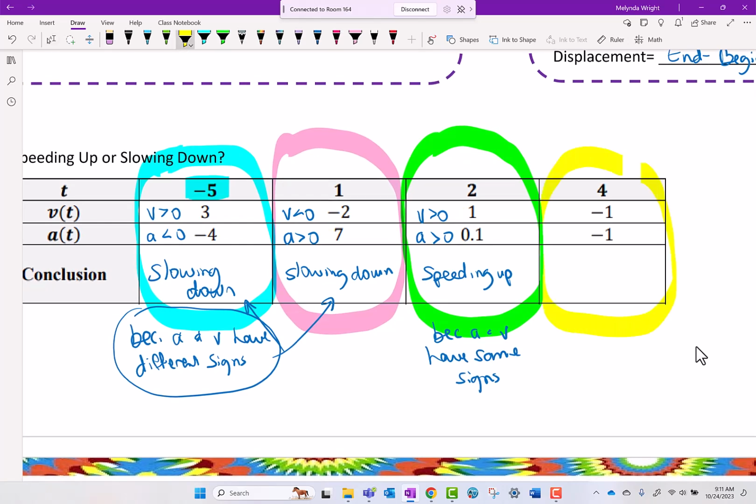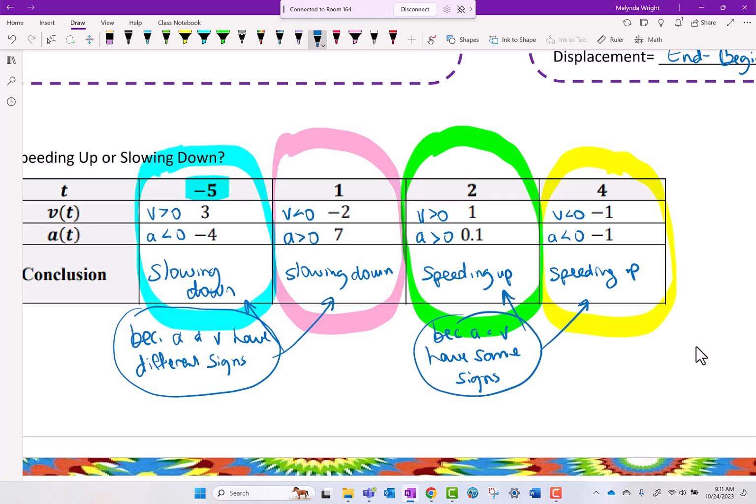Okay, so now the last one. This is where time is 4. Velocity is less than 0, acceleration is less than 0. So are we speeding up or slowing down? We are speeding up because the signs are the same. And this justification I would use for both of these.